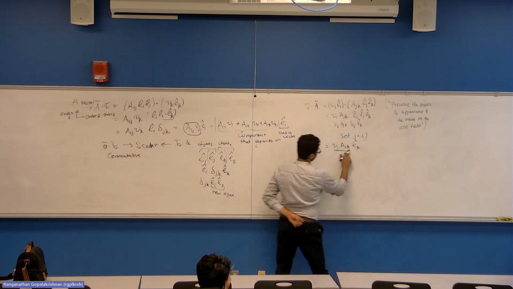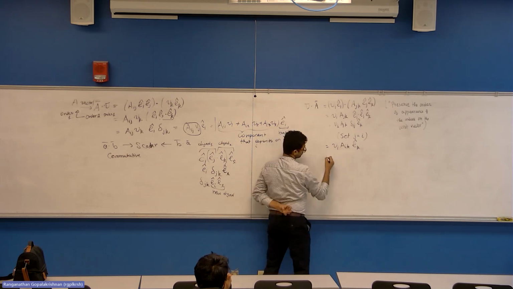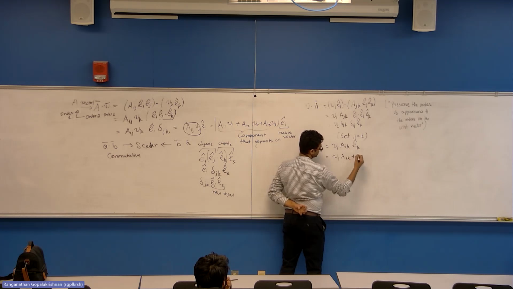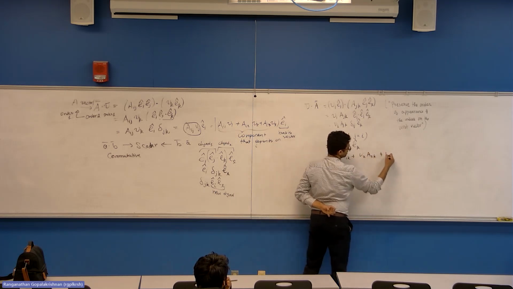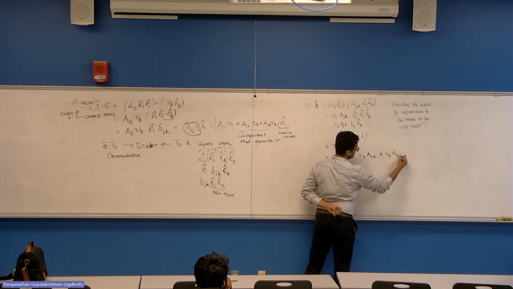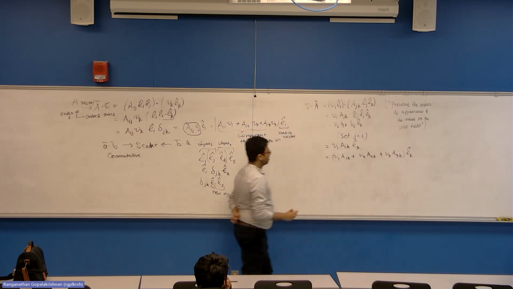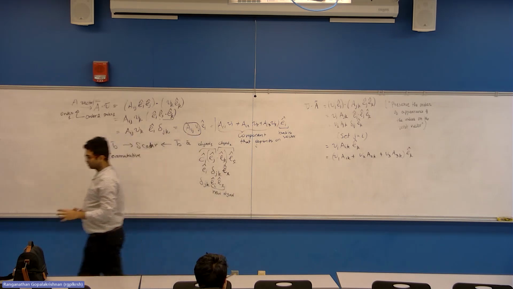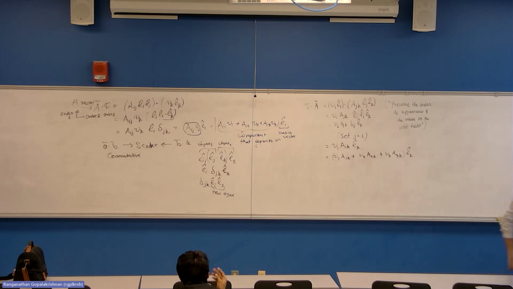Okay, so let's expand this. You have to sum over I. So this is V1 A1K plus V2 A2K plus V3 A3K multiplied by EK. Just for convenience, I'll rewrite the other one also next to this so that you can do the comparison easily.